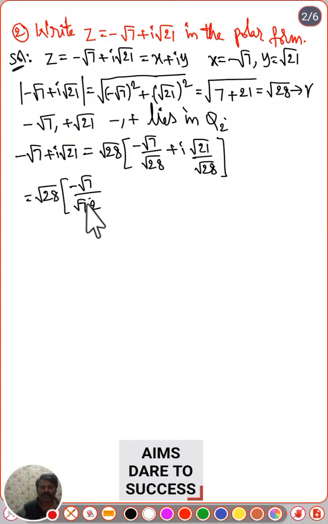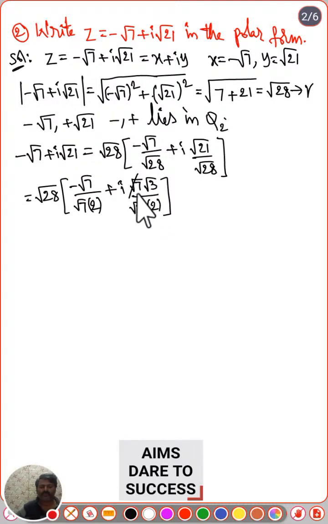Root 4 value I will write as 2 only, plus i into, here root 21 can be written as root 7 into root 3, since 7 threes are 21, split the root for both, root 7 into root 3, divided by root 28, 7 fours are 28, split the root individually, root 7 into root 4 is 2.